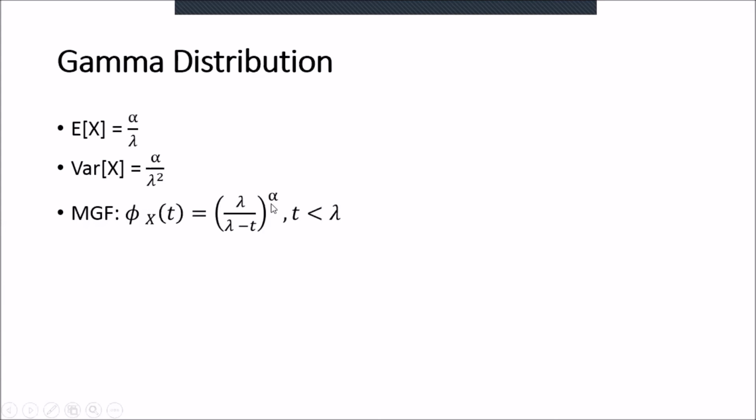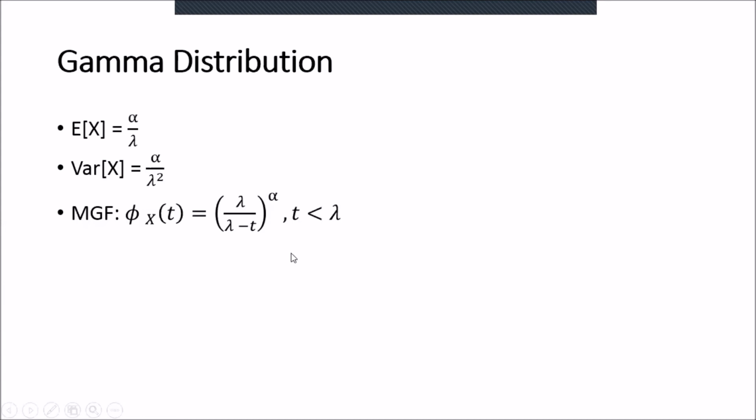And this alpha is simply the number of IID exponential random variables that we are adding up to make a gamma. So you can think of a gamma as the sum of alpha independent identically distributed exponential random variables with the rate parameter of lambda.